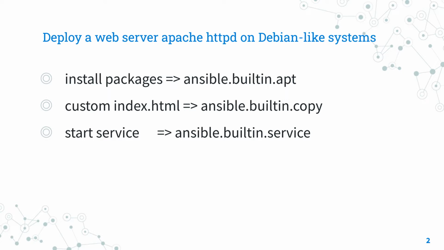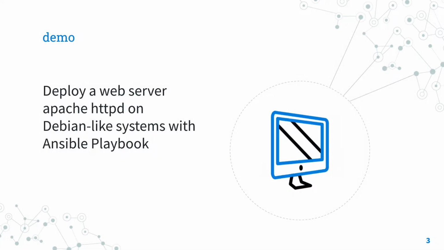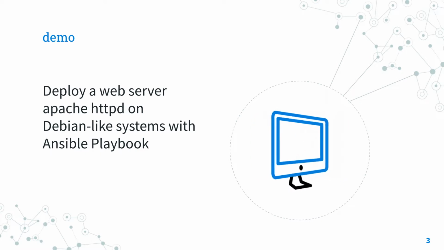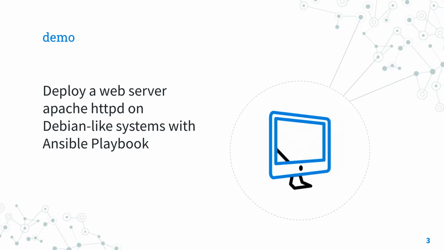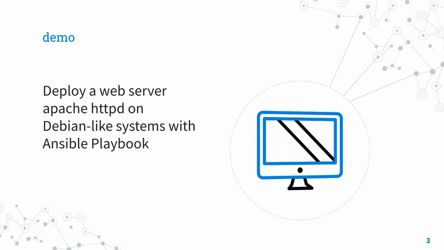Fourthly, you need to open the relevant firewall service related ports using the community.general UFW. Are you ready to have more fun? Let's jump in a quick live demo about how to deploy a web server Apache HTTPD on Debian-like system with Ansible Playbook.